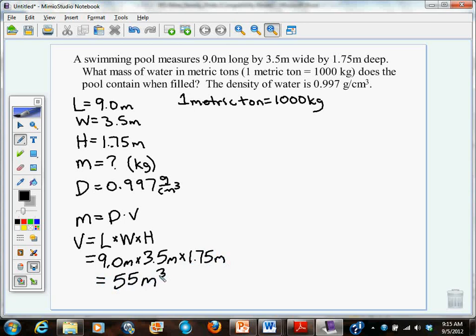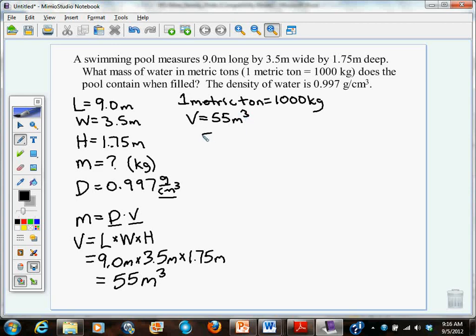So that's my volume. But if you look now, mass equals density times volume, but my density is given in grams per centimeter cubed. The easiest thing for me to convert here, if I have a volume that's equal to 55 meters cubed, I'm just going to go ahead and convert that to centimeters cubed.